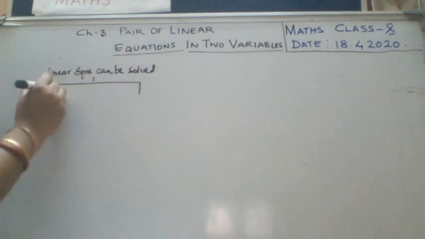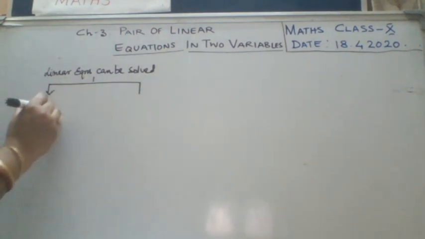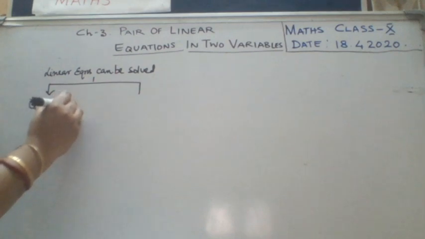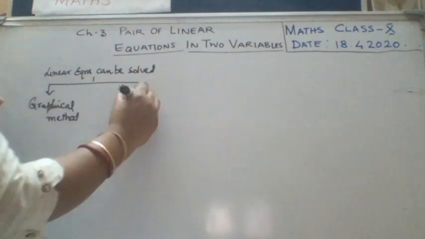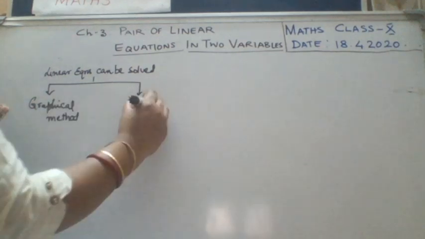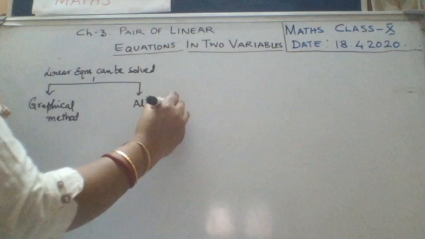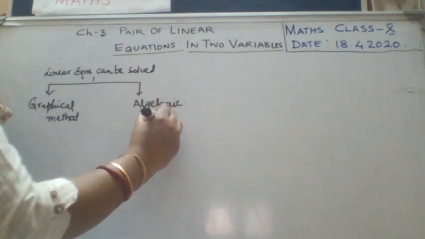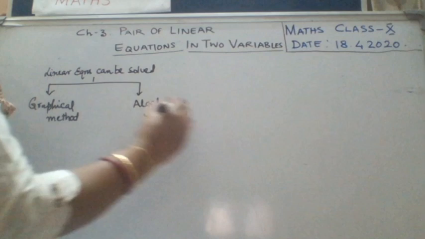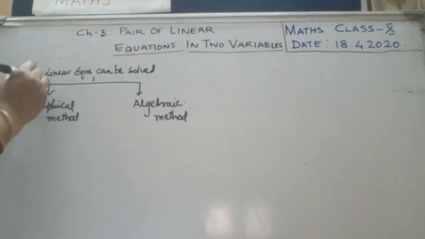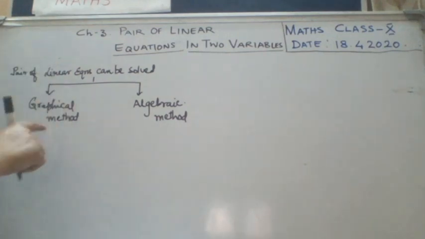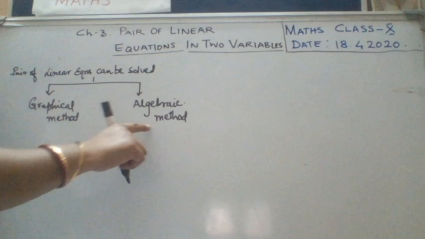One is graphical method, and another is your algebraic method. These are the two ways to solve pair of linear equations. Pair of linear equations can be solved by graphical method or algebraic method.